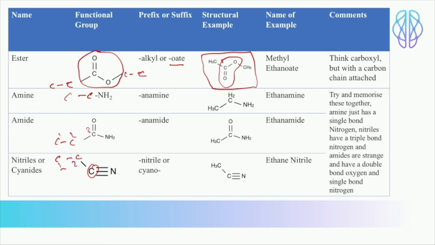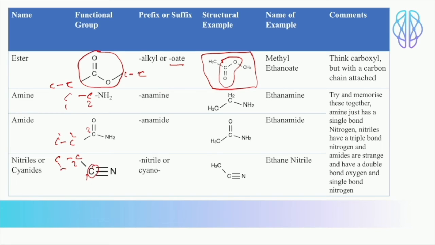This would be 1, 2, 3, and this would be 1, 2. So you name the carbon chain first, and then you look at the type of functional group. If it has an NH2, it's an amine. If it has the C double bond O and then an NH2, it's an amide. And if it has a triple bonded nitrogen, it's a nitrile.